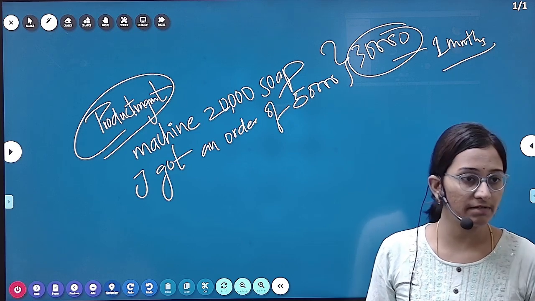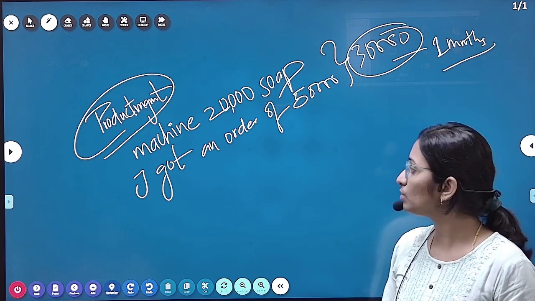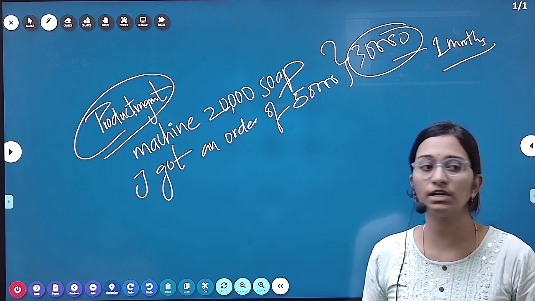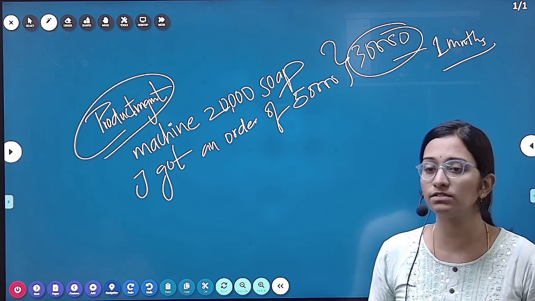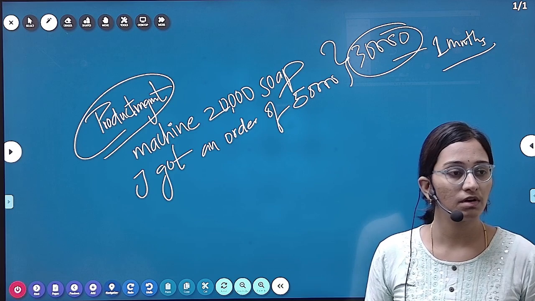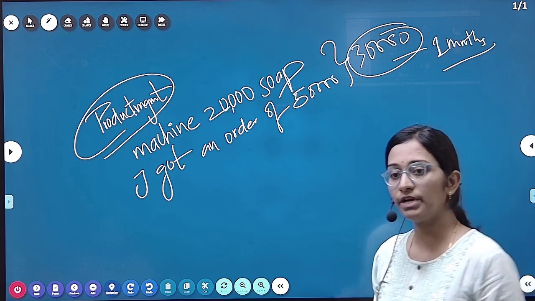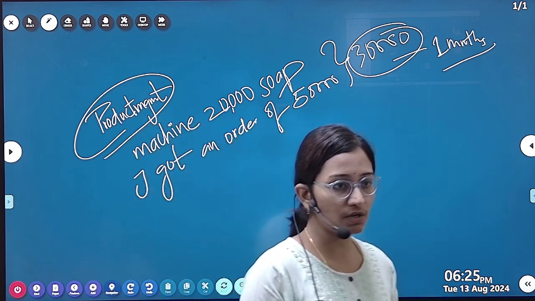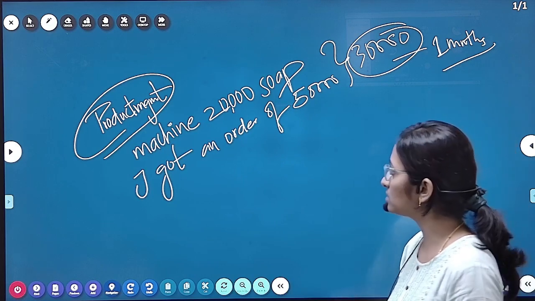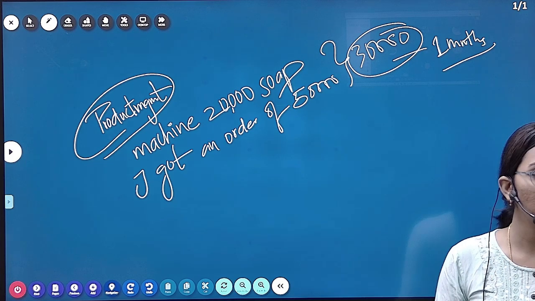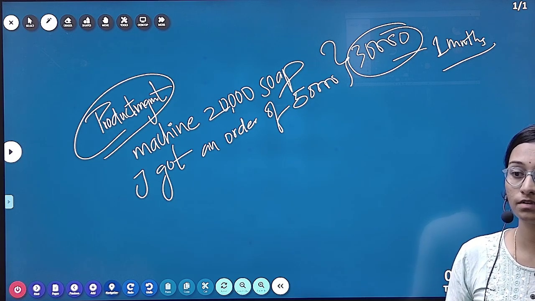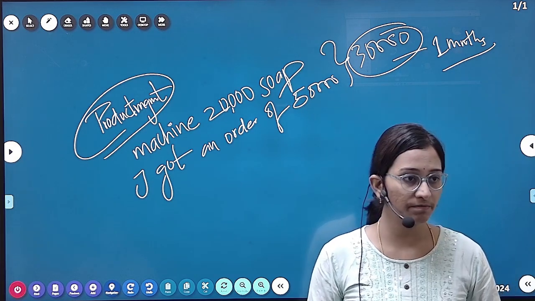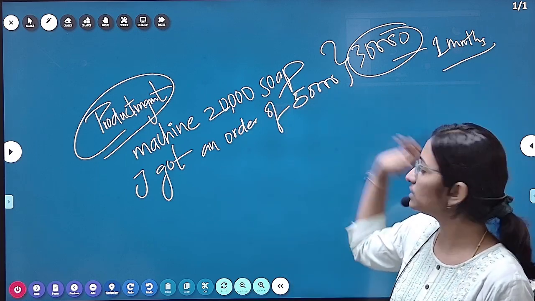There is no manpower, or there is not that much capacity. My machine doesn't have the capacity to produce 50,000 soaps. So the customer went to another manufacturing company, and there it's a loss, because of technical deficiency. Due to technology, there is a loss.